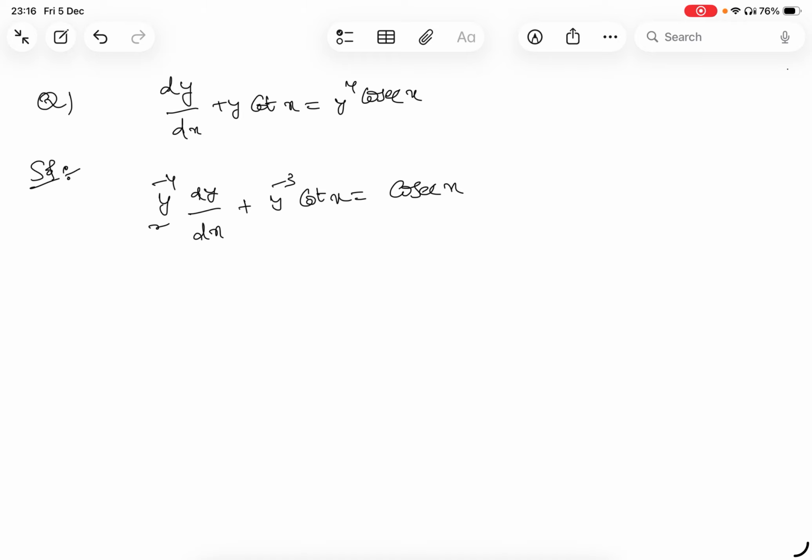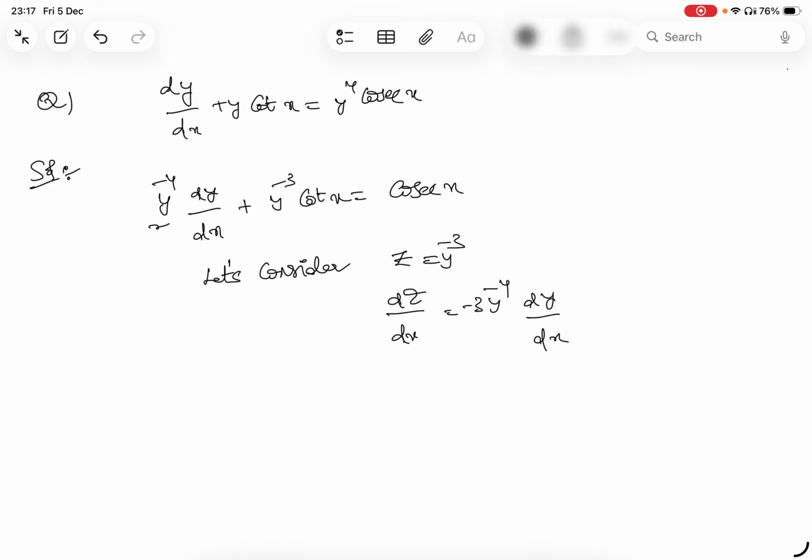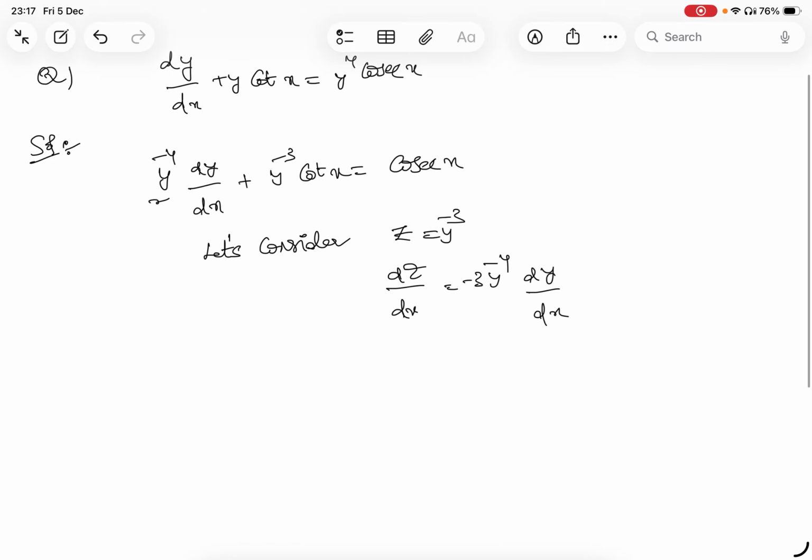So let's consider z equal to y power minus 3, then dz by dx becomes minus 3 into y power minus 4 dy by dx. Fine.